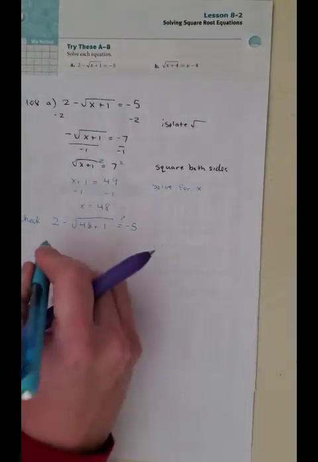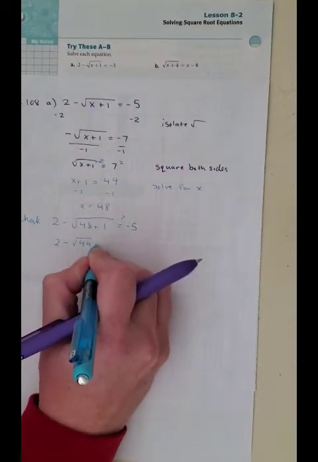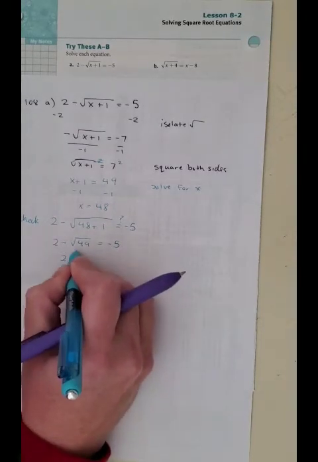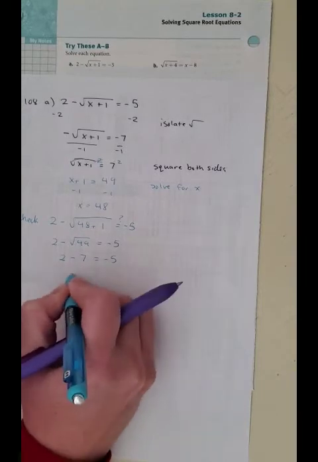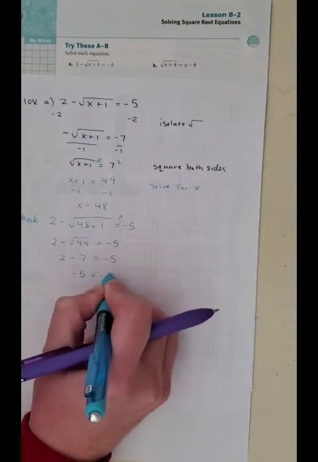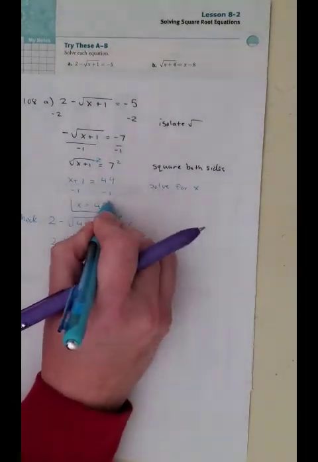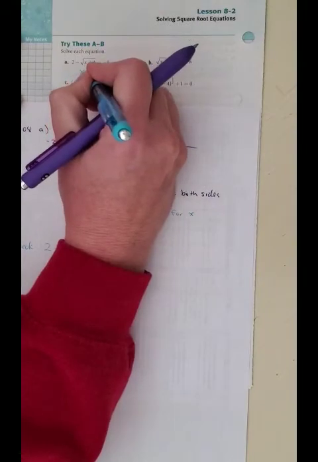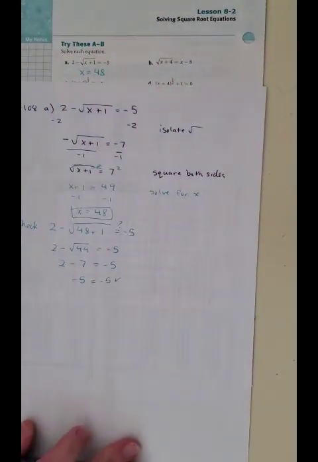And so that gives me 2 minus the square root of 49 is equal to -5. So 2 minus the square root of 49 is 7 is equal to -5. And -5 is equal to -5, check. So you should have gotten x equals 48 is the valid solution. So x equals 48.